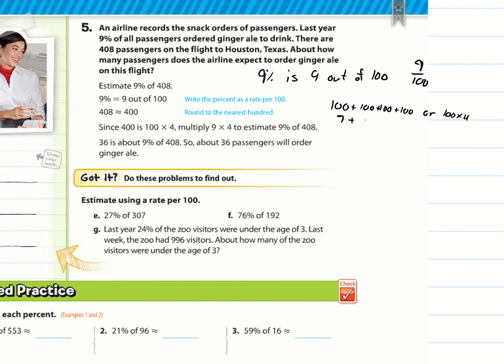So 9% plus 9% plus 9% plus 9%, or 9% times 4, we get 36. So about 36 passengers will order ginger ale.